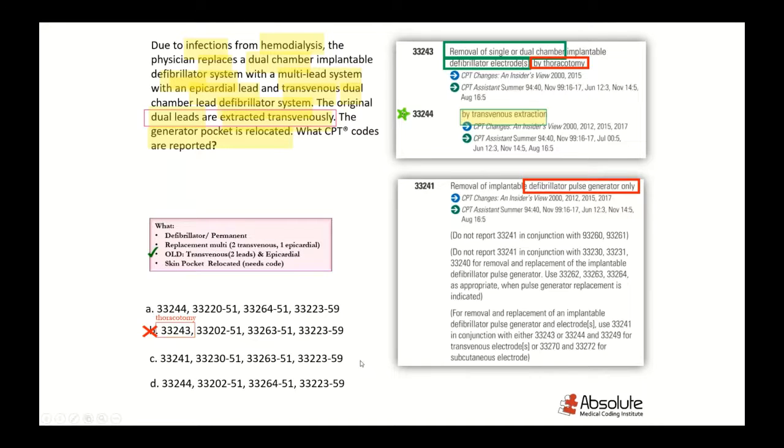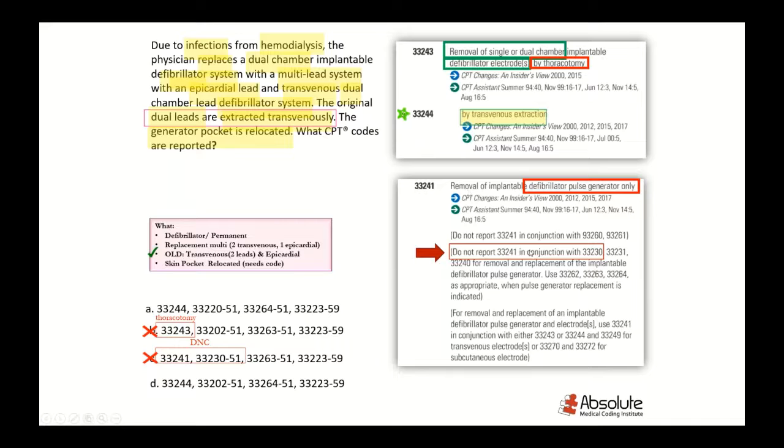And also 33241, this is removal of implantable defibrillator pulse generator only. That is coding for the generator only. Look here, the dual leads were extracted transvenously, not the generator. So you can also eliminate C. Plus, there's a DNC, do not report together, meaning you're not going to code this along with that lead, because again, we're coding only the lead.